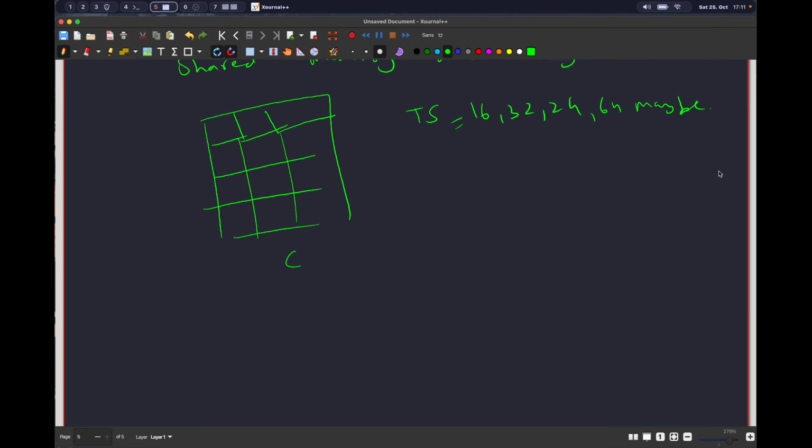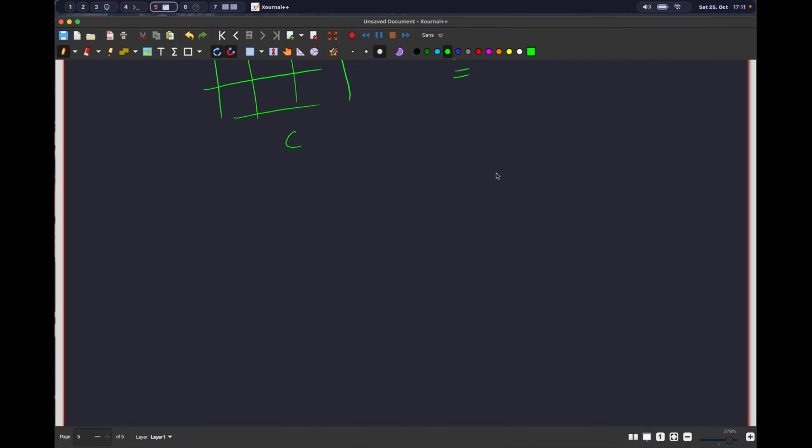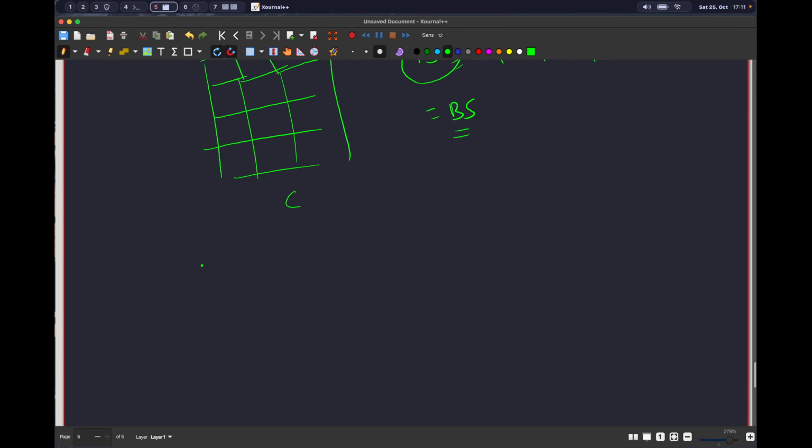And we need to keep this tile size the same as our block size. It is very easy to understand what is going on. And how it works is each tile will loop over A, will loop over B.